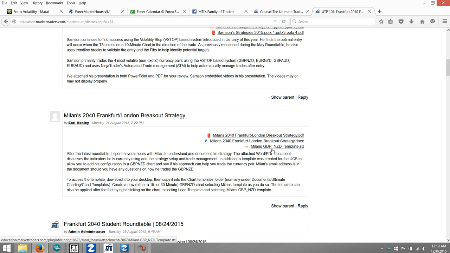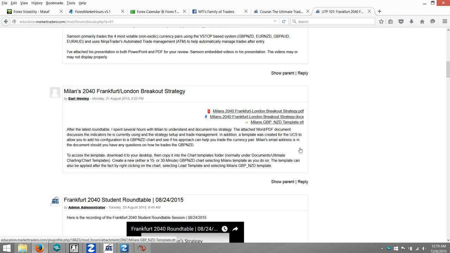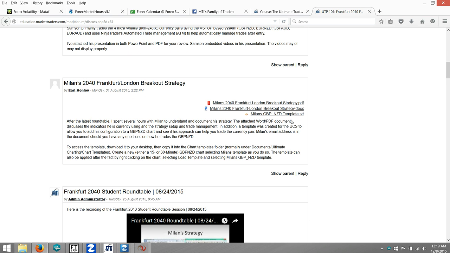And I think Earl created a template for the UCS for his strategy because it's a little complex. So that template will help you out a lot faster in creating the chart and setup for this particular strategy. Very, very profitable, this strategy.